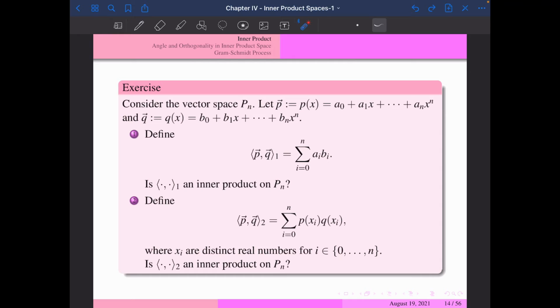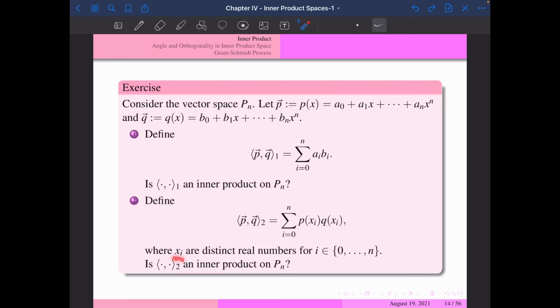For this one, the inner product of P and Q is defined as follows. Suppose we have real numbers x_i, from x_0 to x_n. What does it mean?